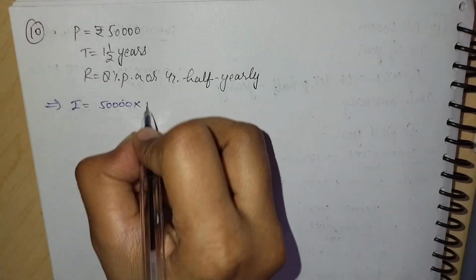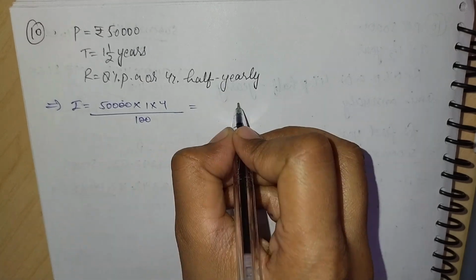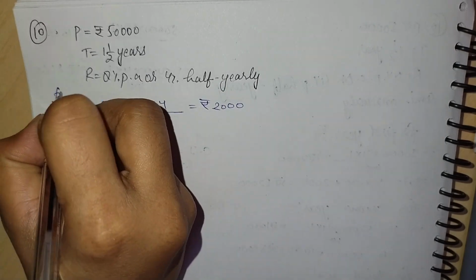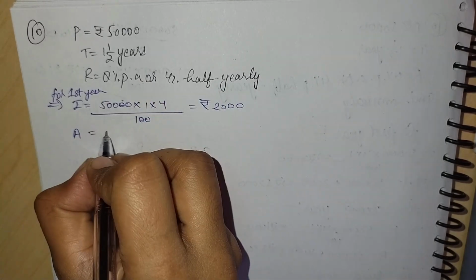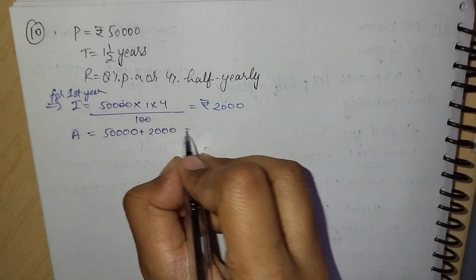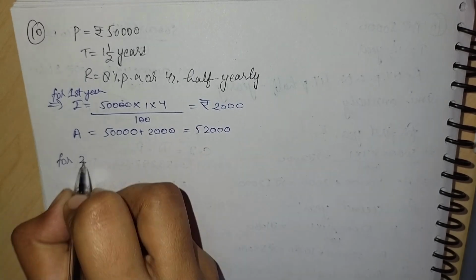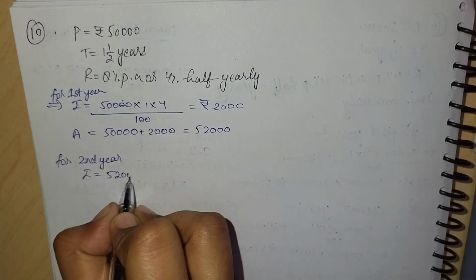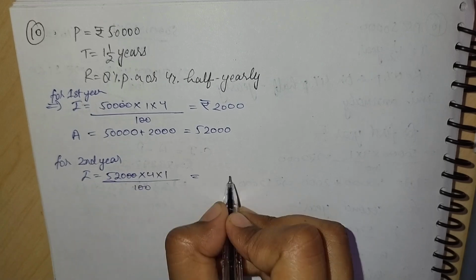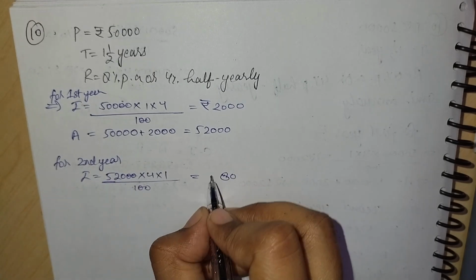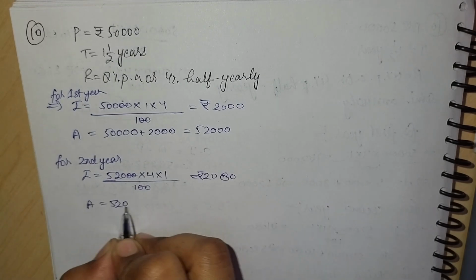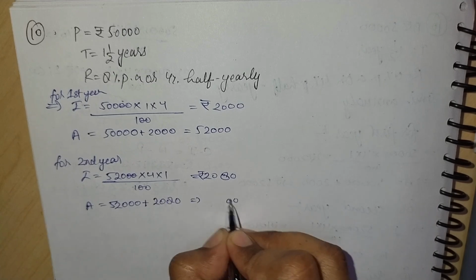So we will firstly find the amount after 1.5 years. So for first year we will get amount as 52,000. Now the interest for second year, putting the value, we will get 2,080.